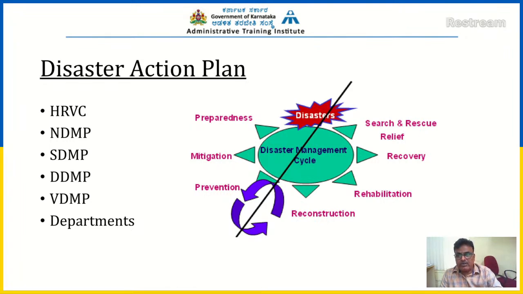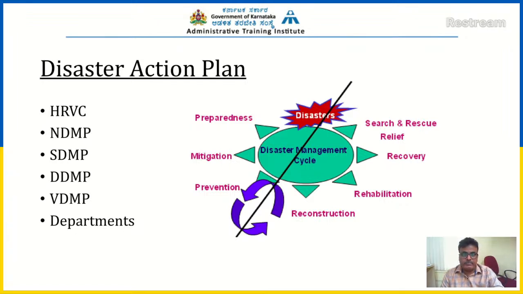I told you 16 departments have prepared plans. In fact, under the Disaster Management Act 2005, which I am going to deal with later, all of these are mandatorily to be revised every year. Not only prepared, it has to be revised every year. That is what is being done now, not only in Karnataka but across the country.